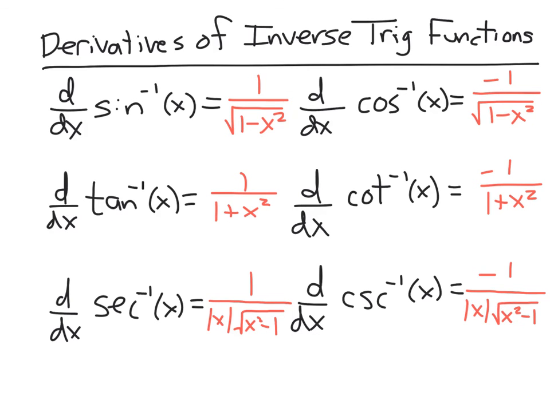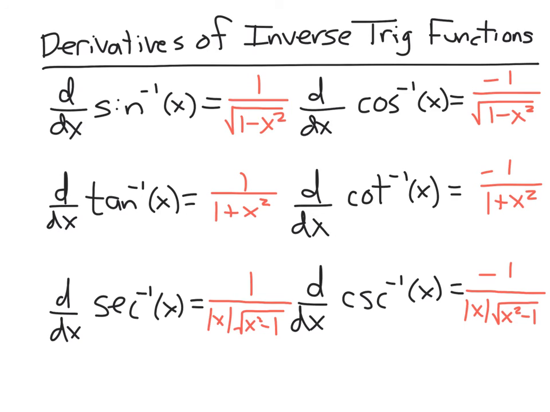So here are a list of all of the rules for the different inverse trig functions. You might want to pause the video to write these down and keep these as a reference. As you're doing so, I would just like to point out there's an interesting correlation here between the functions and their co-function partners.